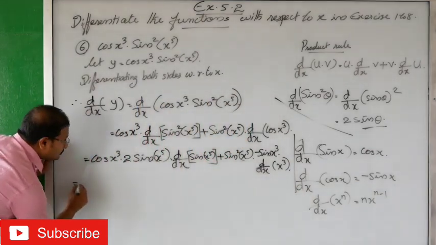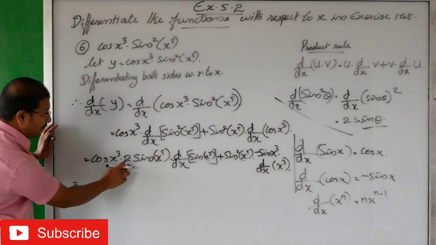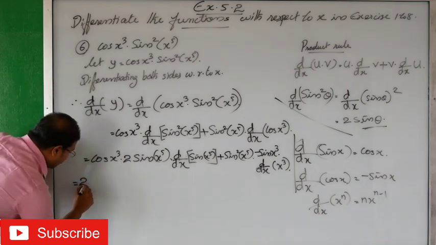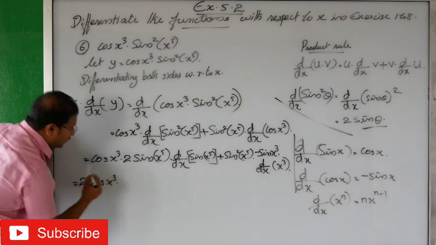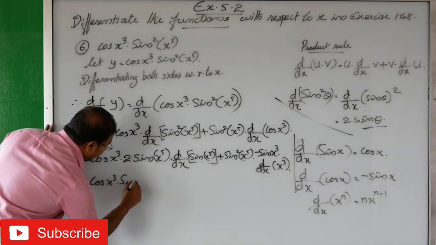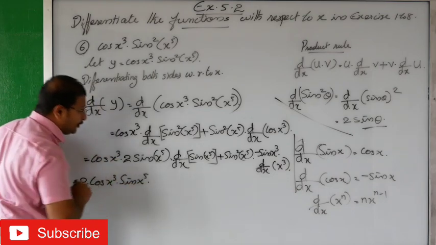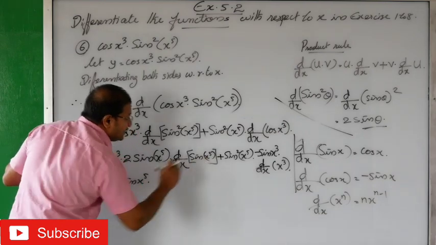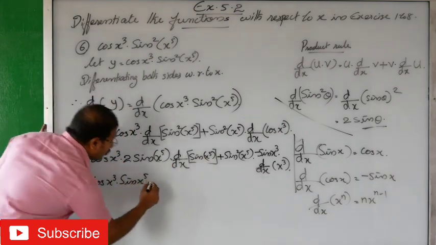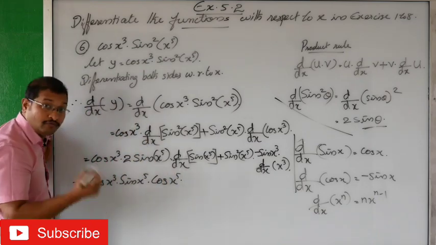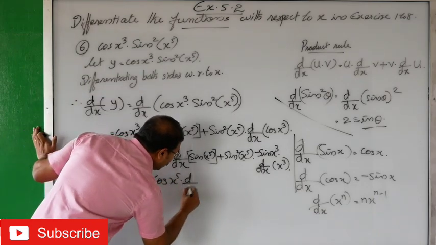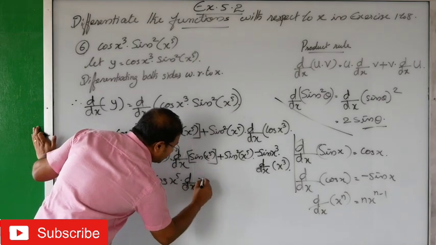This equals, now see this 2 we have extra, so we have to write in the beginning 2 into cos x cube into sine x raised to 5 into derivative of sine theta. Derivative of sine theta is cos theta. That means cos x raised to 5. One more thing, derivative of x raised to 5.